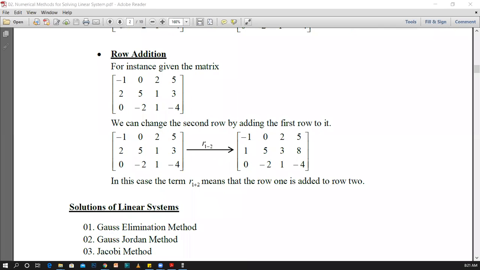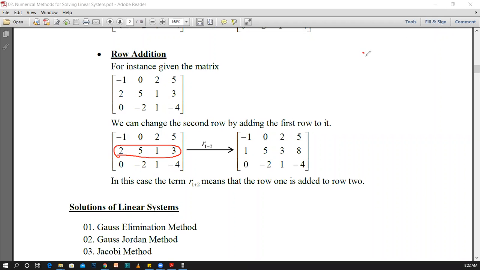Now think about it: you are going to make a change for this row only. Therefore, you just need to add the first row into the second row.